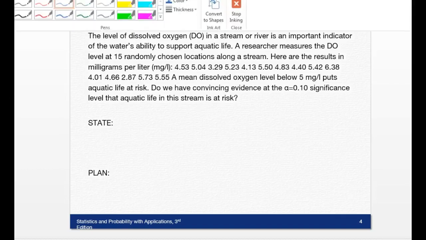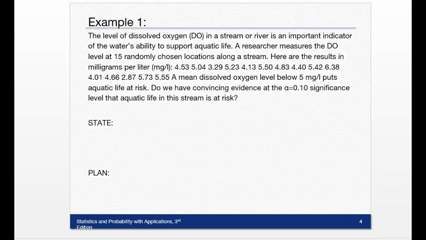All right, so we're going to state what it is. What do we want to test? We want to test at alpha is 10%, 0.10, and our hypothesis. The null is that the mean is equal to 5 milligrams per liter, and the alternative is, is it putting life at risk? And to put life at risk would be, what did it say?